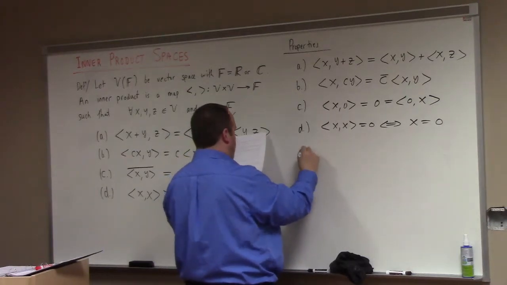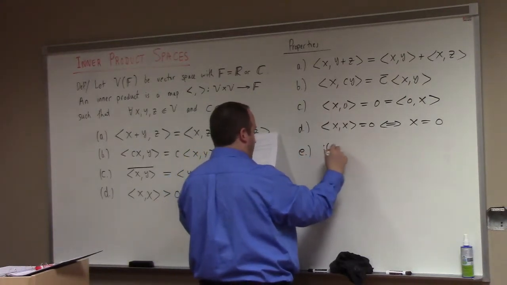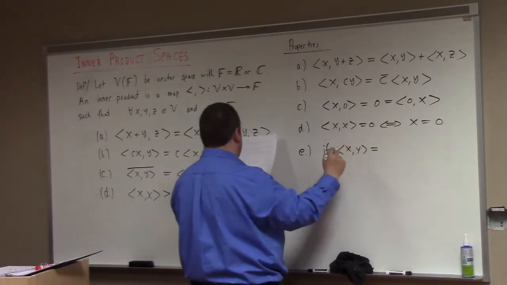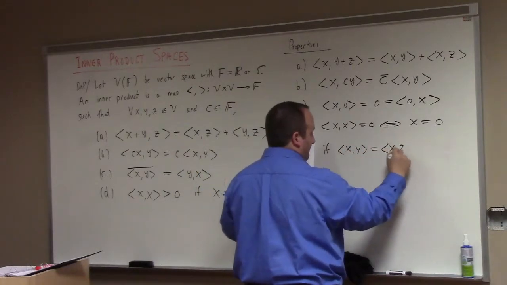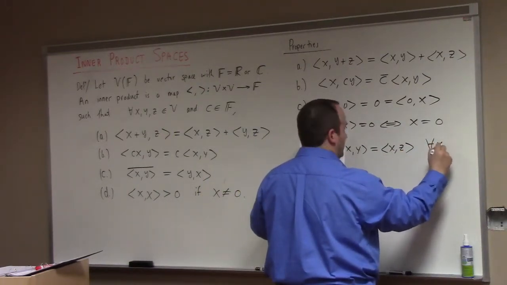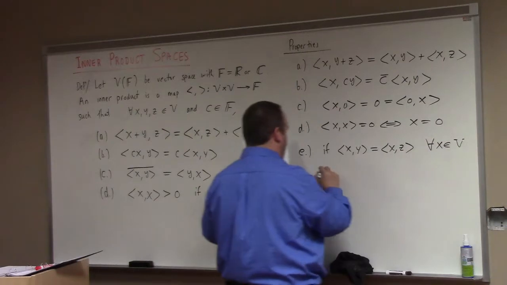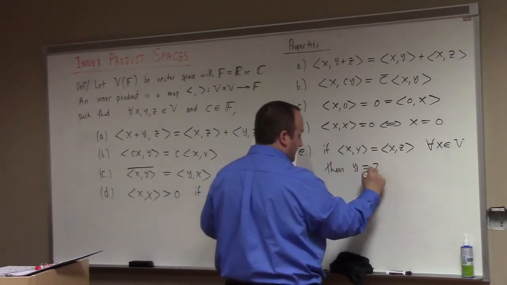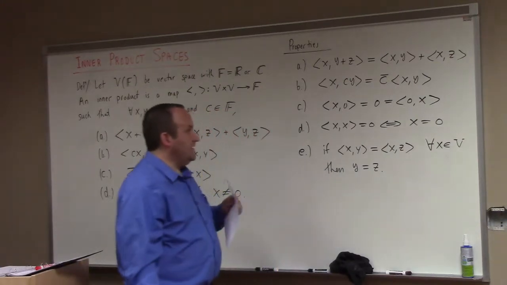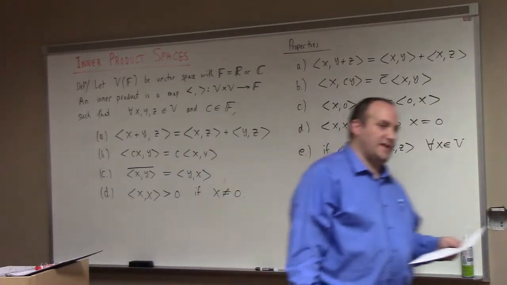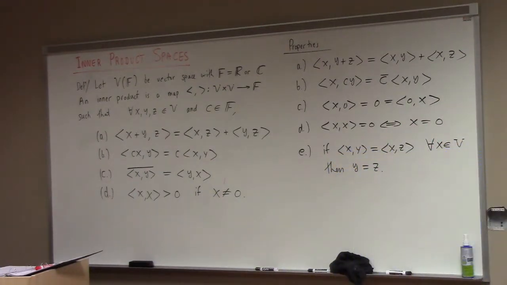And then E: if <x, y> is equal to <x, z> for all x in V, then guess what? y is equal to z. So part E to this story is sometimes called non-degeneracy. It's kind of a cancellation property for the inner product.